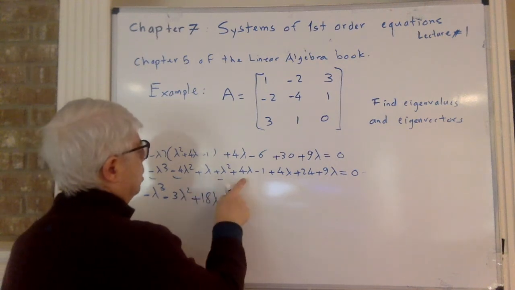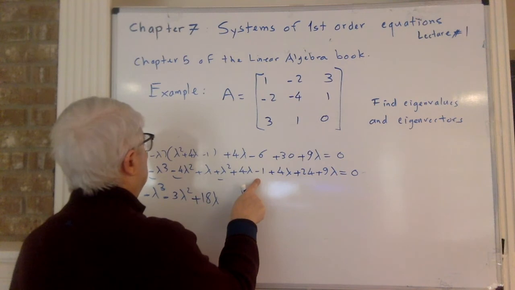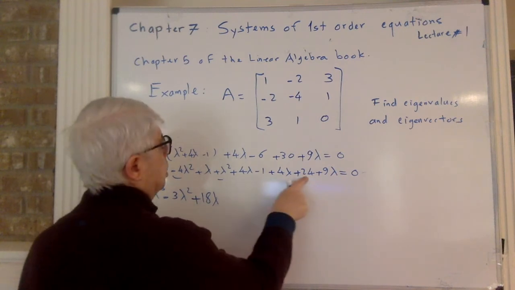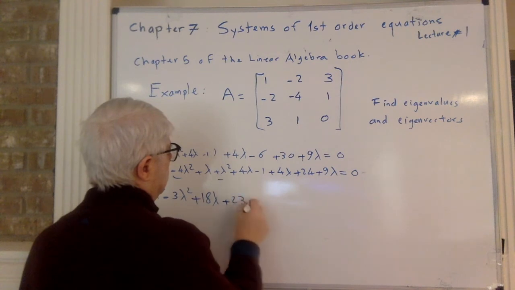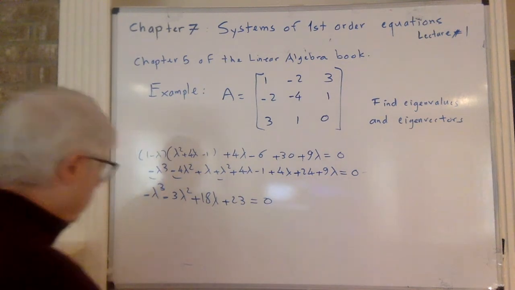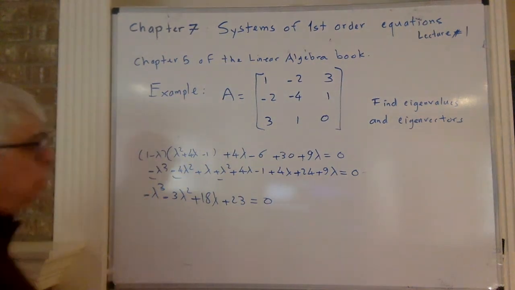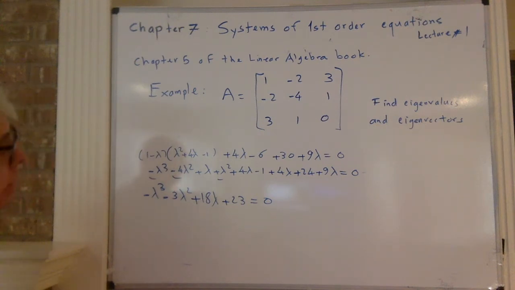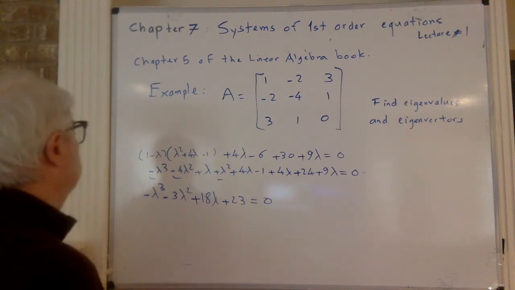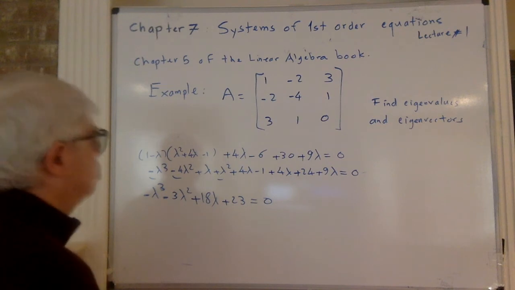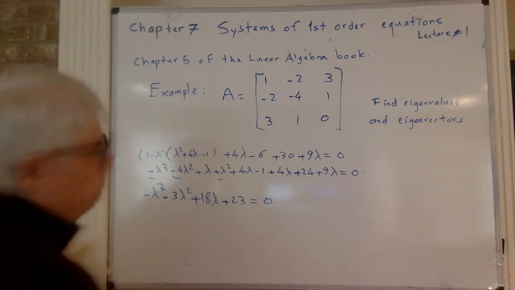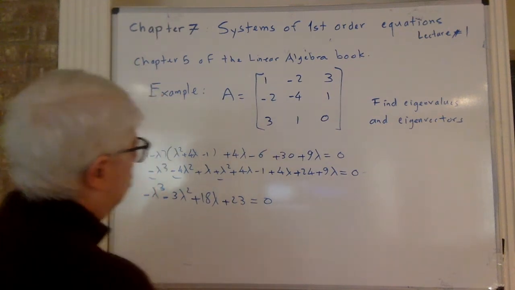And constants, I have a minus 1 here and a plus 24. Plus 23. 0. As you see, when you have the 3 by 3 matrix, that lambda is minus lambda cubed in fact. Let me double check my calculation. Minus 4 plus lambda squared for lambda minus 1, which I forgot. So let's hope it's correct.